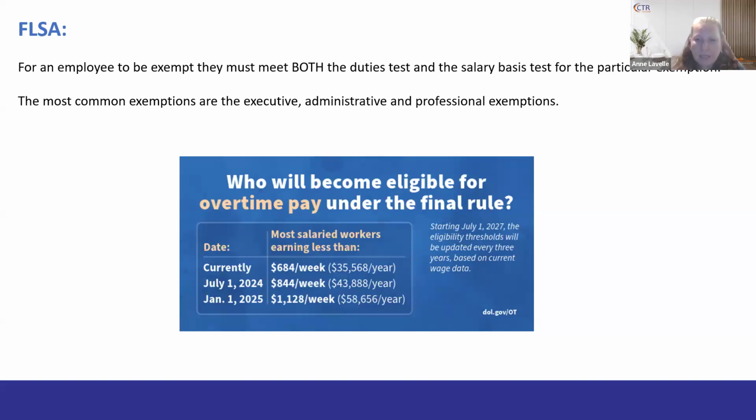But somebody like the executive exemption, they have to manage at least 2 or more full-time employees. They have to have sufficient discretion and judgment in their daily work, which is always a subject of a question mark, because what is sufficient discretion and judgment? And they must be paid a salary that meets a certain level or certain basis that does not vary based on the quantity or quality of the work performed.